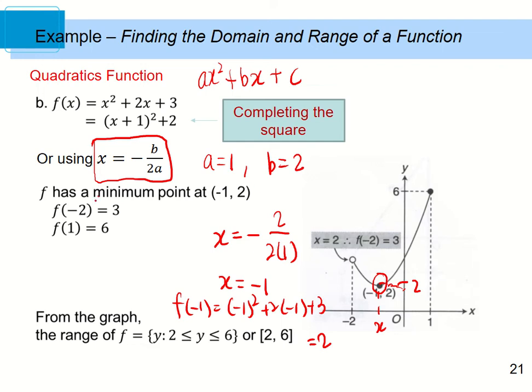So this is the minimum point. Negative 1 is the x, and the y is 2. The y is 2 from here when we substitute negative 1 into the function. So then from here we know the lowest value is 2. And we need to find the highest value of y.